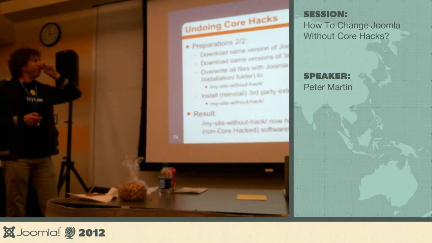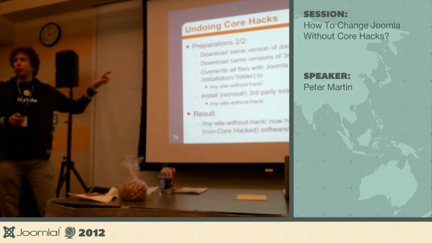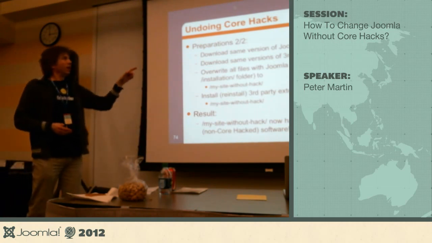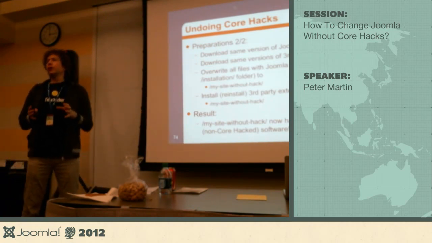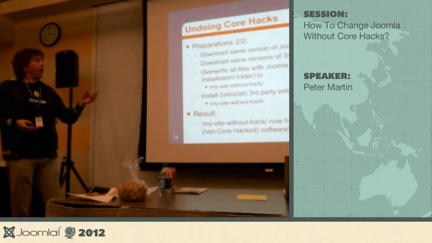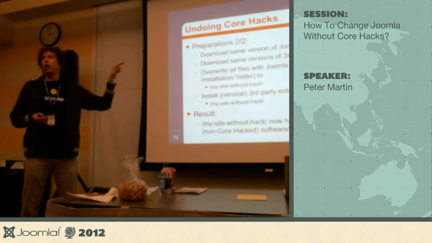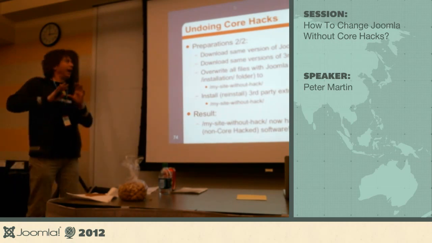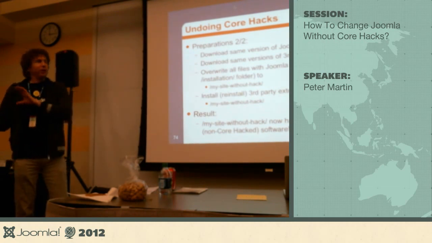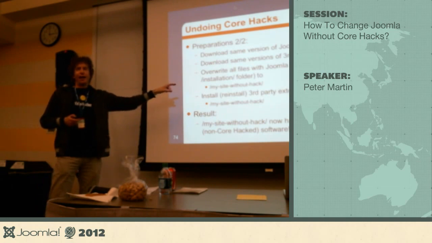And here you go: download Joomla and take the same version as your version that has core hacks. Download all third-party extensions that you use in the same versions. And furthermore, unzip Joomla on your local computer, and copy all the files except for the installation folder to My Site Without Hack.